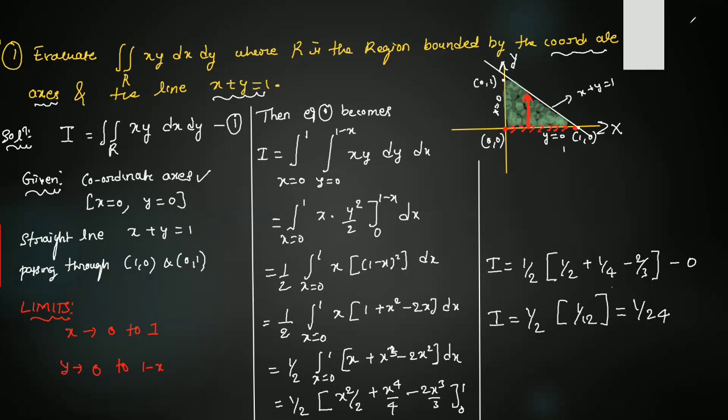Now I want to discuss the other way around, and I want everybody to solve and check whether it is true or not. Let me draw the same figure, a small one.